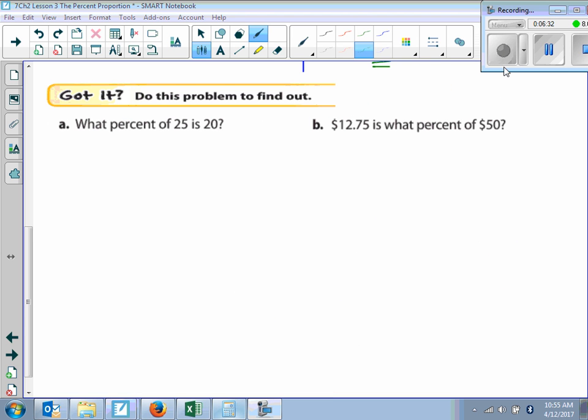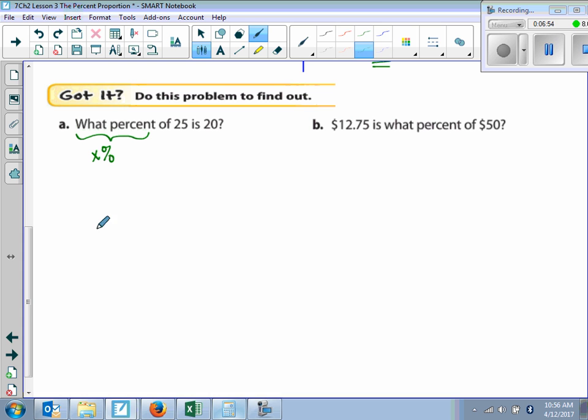So let's take a look at examples A and B. Here it says, what percent of 25 is 20? Okay, so the what percent, of course, that's our x. That's what we're solving for, right? That is the percent. That's our x. So we can write x percent.